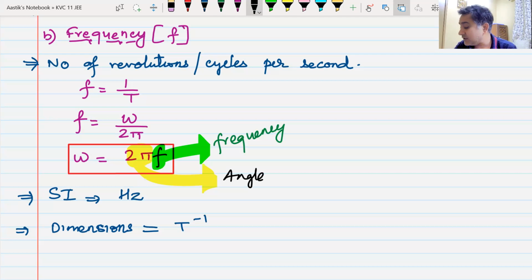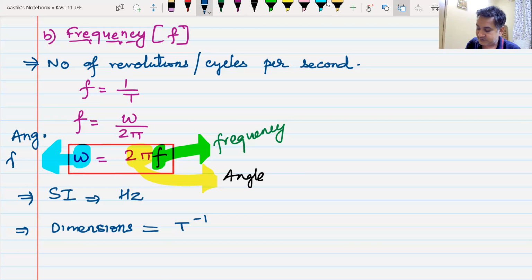Therefore, I can call this omega by a new name. Not in this chapter, but in the chapters that are going to come, we may not call omega angular velocity. Angle, frequency. We are going to call it angular frequency.